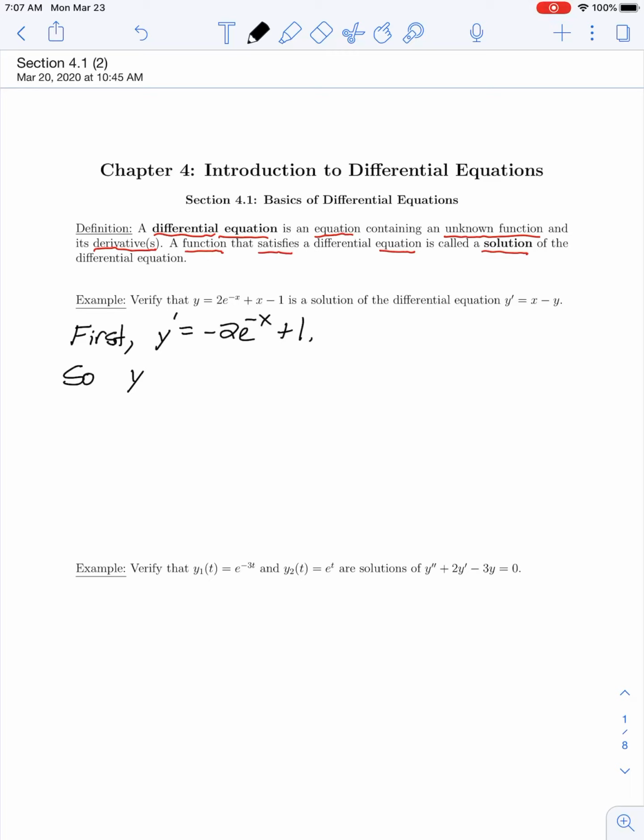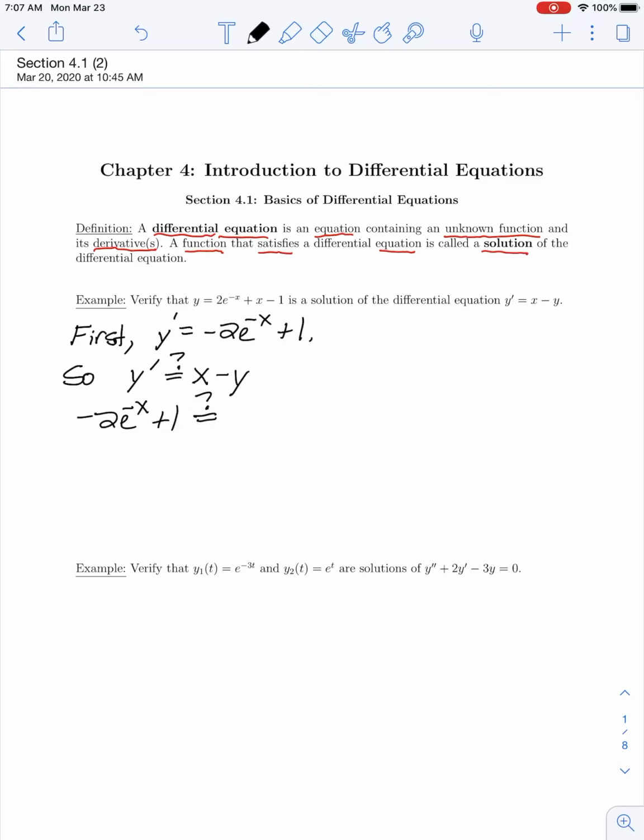So what we're trying to see is whether y prime is equal to x minus y. We want to see if this function does indeed satisfy that equation. Now, on our left-hand side, we have y prime, which we just found to be negative 2 e to the negative x plus 1.